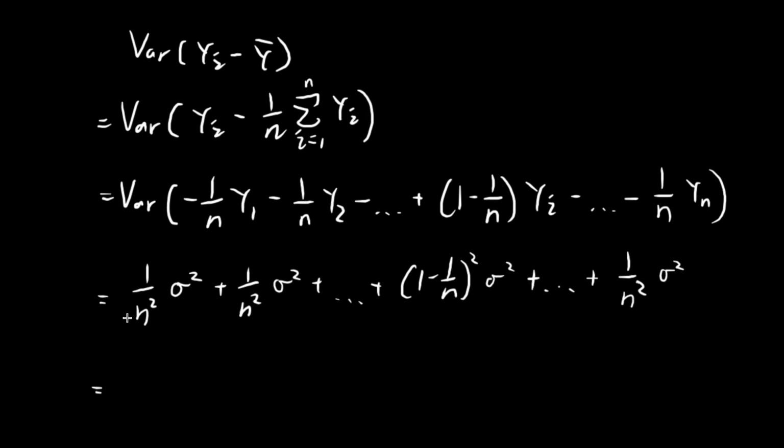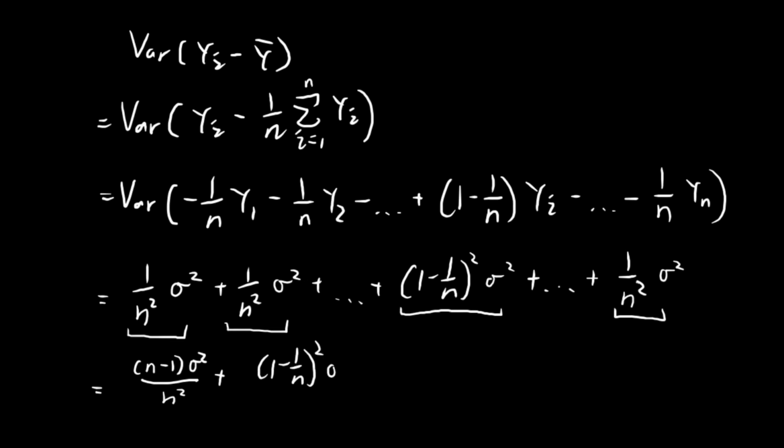So you can see that of all our n terms over here, there is one single term that behaves in such a way, and all the remaining n minus 1 terms are all equal to sigma squared divided by n squared. So we have n minus 1 copies of these sigma squared divided by n squared, and then we have this 1 over n squared sigma squared.